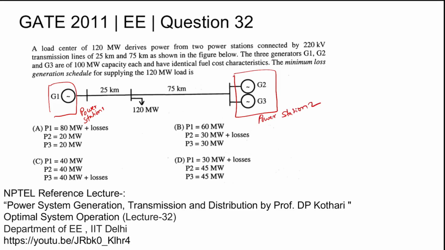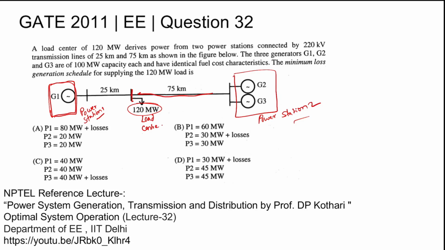Now this is the load center, which requires 120 megawatt of power, which is 25 km away from the first power station and 75 km away from the second power station.